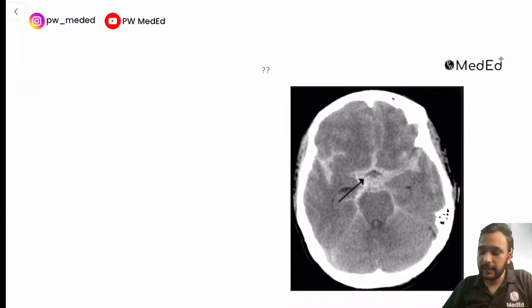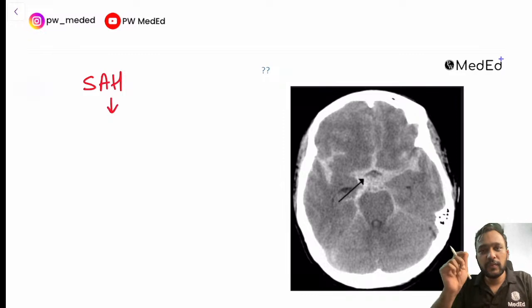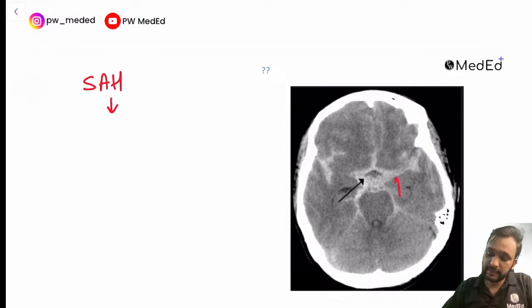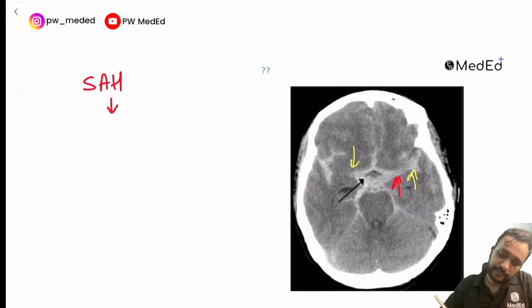And another very important bleed is your subarachnoid hemorrhage. In subarachnoid hemorrhage, you will see areas of hyperdensities which can be seen along the basal cisterns. And what is the cause? Can anyone tell me what is the cause of subarachnoid hemorrhage?